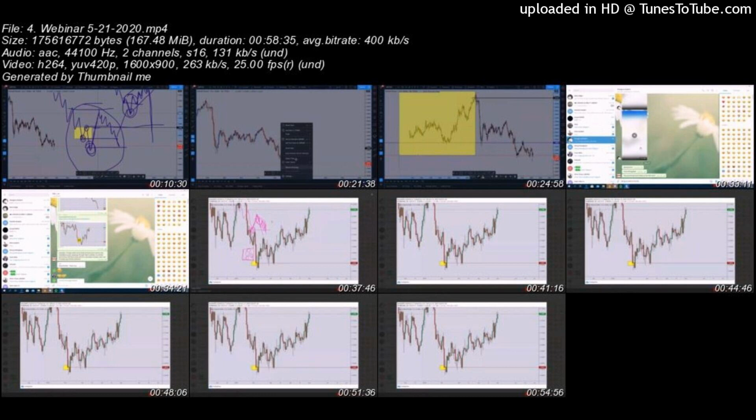So if that is clear, let's look at some examples of that. For example, if we look at EURUSD, from this point we see price was making a series of lower highs and lower lows. We made a lower high and a lower low, lower high, then we made a new lower low.